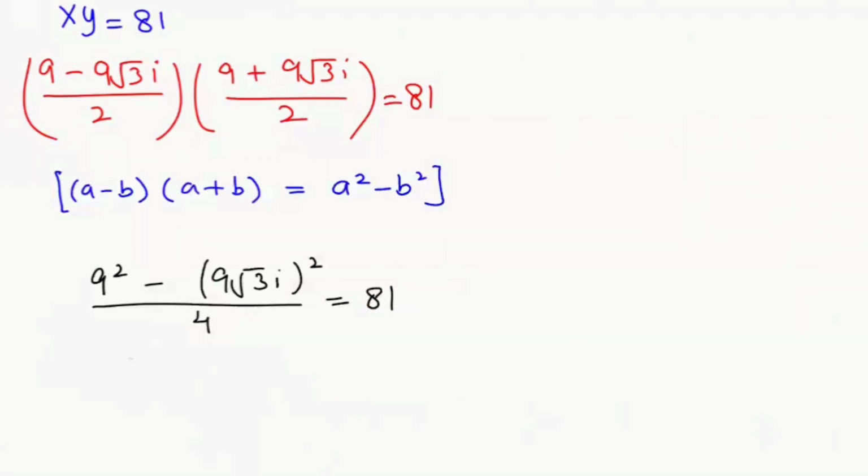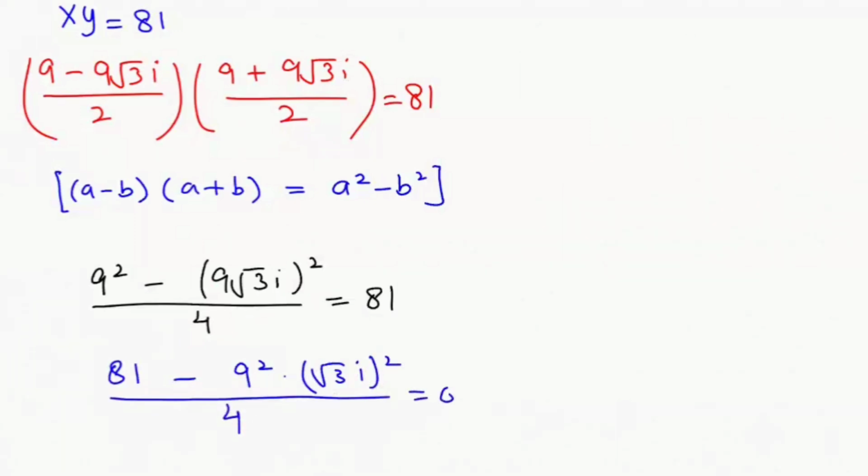This will turn to 81 minus 9 to the power of 2 times (root of 3 iota) whole to the power of 2 over 4 is equal to 81. And here we get 81 minus this 9 to the power of 2, and this is going to cancel out here. 3 is remaining, and iota square over 4 is equal to 81.